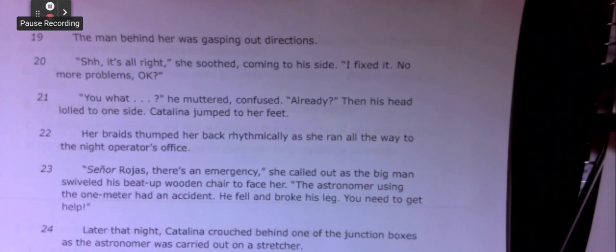"You what?" he muttered, confused. "Already?" Then his head lolled to one side. Catalina jumped to her feet. Her braids thumped her back rhythmically as she ran all the way to the night operator's office. "Senor Rojas, there's an emergency," she called out as the big man swiveled his beat-up wooden chair to face her. "The astronomer using the 1 meter had an accident. He fell and broke his leg. You need to get help."